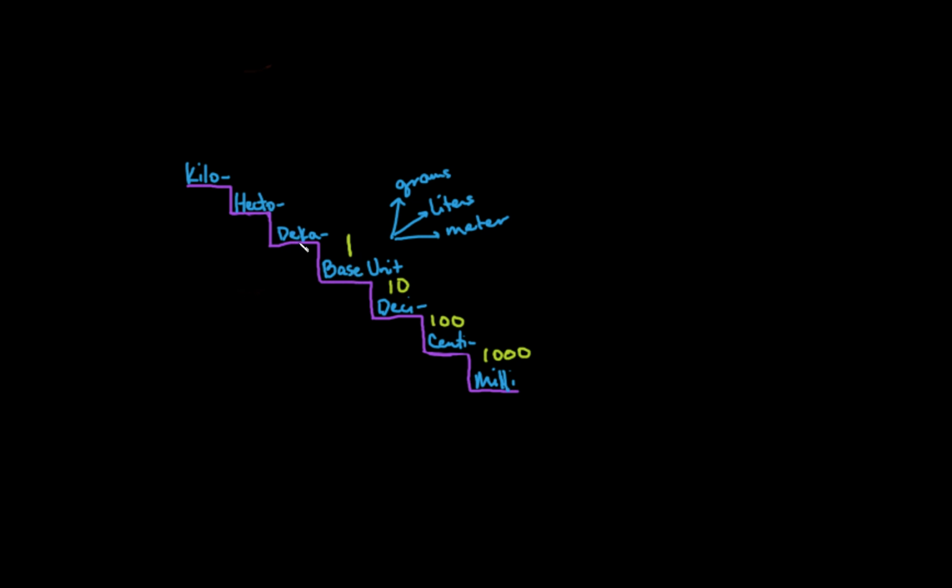But if we were to go the other way, how many decagrams are in 1 gram? Well, if we're going up the staircase, we're going to the left one. So this would actually be 0.1, because in 1, the decimal actually comes after it. So we're moving the decimal place one to the left, so there are 0.1 decameters in 1 meter.